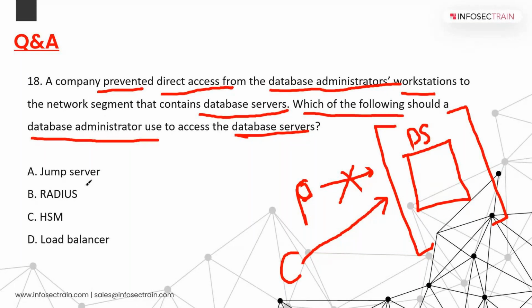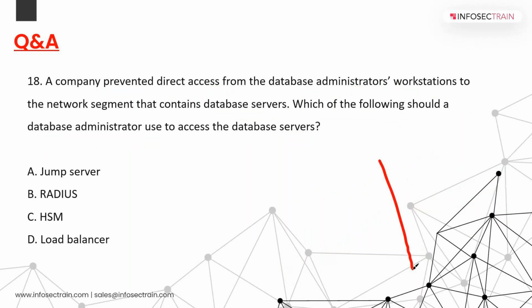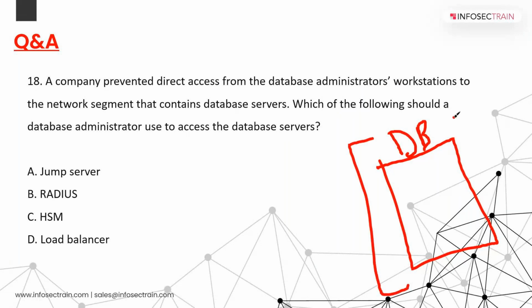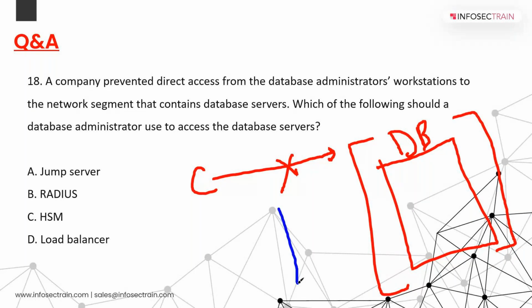A jump server really helps a lot here. Let me draw this. If this is your database in a segment, you cannot go the traditional way where a client directly accesses it. So you establish a jump server in between. You make a connection with that, and the jump server takes you to the database. This is just an overview.